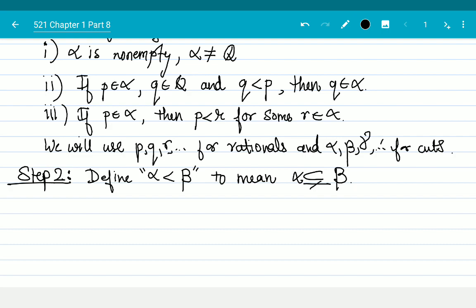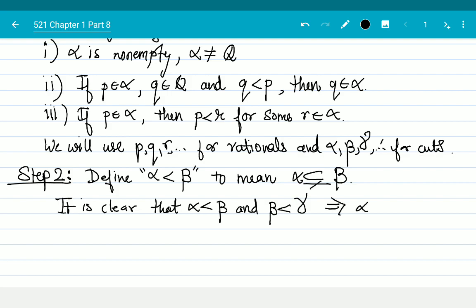So it is clear that alpha smaller than beta and beta smaller than gamma implies alpha smaller than gamma, since transitivity is a property of set inclusions.